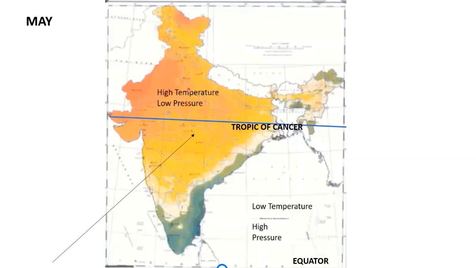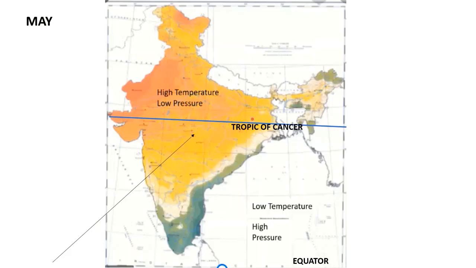So in May, the highest temperatures are recorded in the desert region of the northwest, you can see it's colored red, where the maximum temperatures may rise above 48 degrees Celsius. This is the period when the sun's direct rays move towards the north, that is towards the Tropic of Cancer.